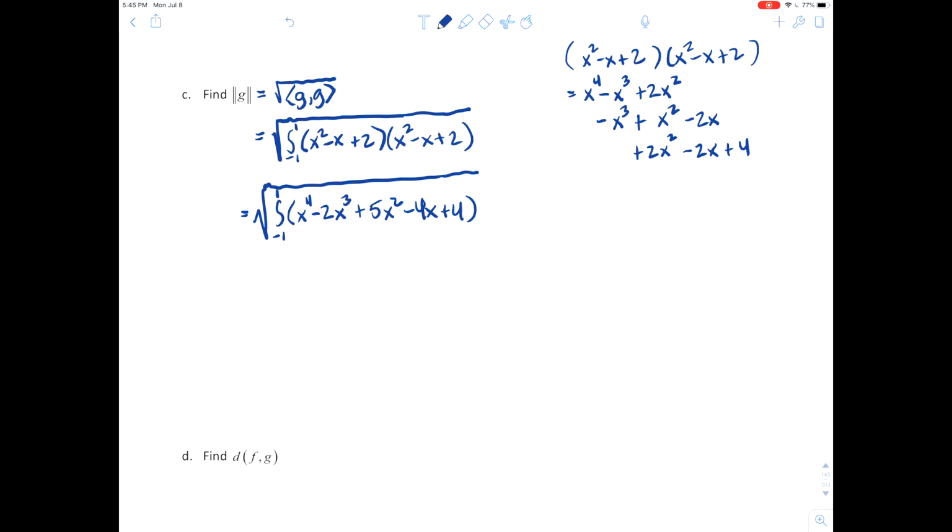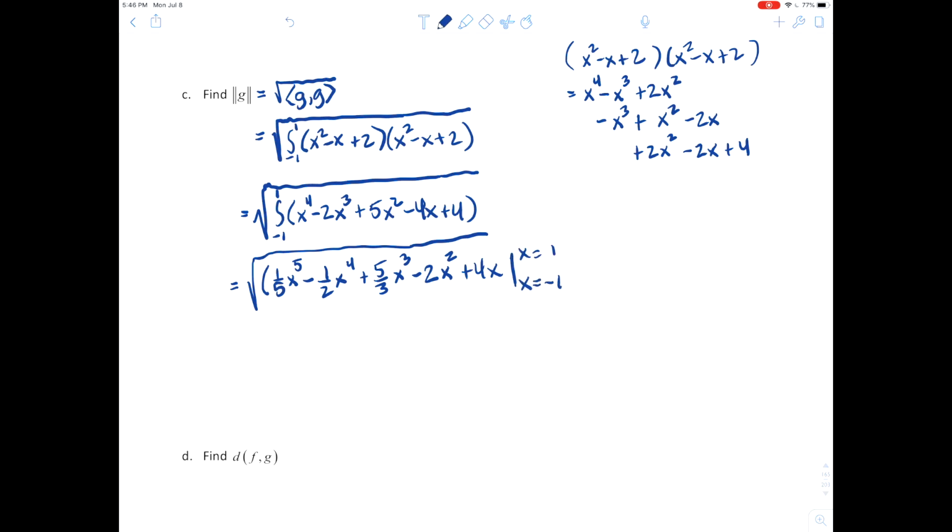And then integrating, we will have the square root of 1/5 x to the 5th minus 1/2 x to the 4th plus 5/3 x cubed minus 2x squared plus 4x. And that's going to be evaluated from x is -1 to x is 1.